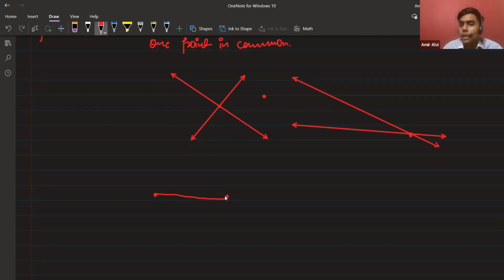I told you in yesterday's class. Is this clear to you? Yes. That's why this is getting violated. So it's not possible to have more than one common point of two distinct lines. Okay.